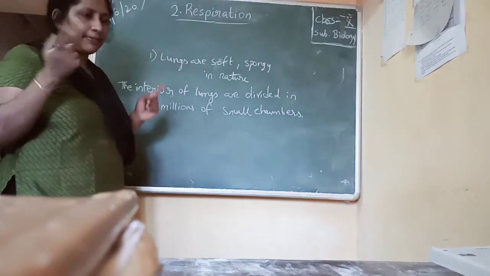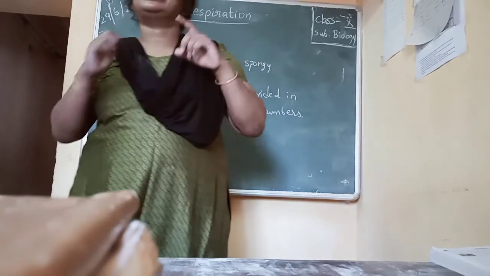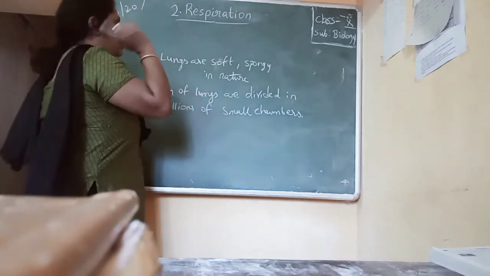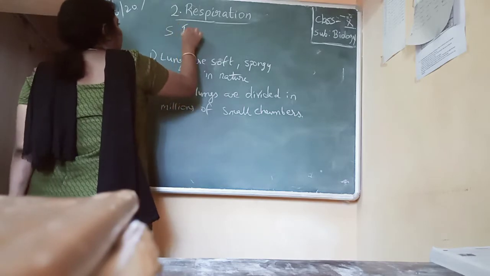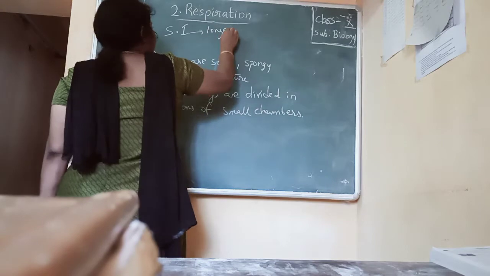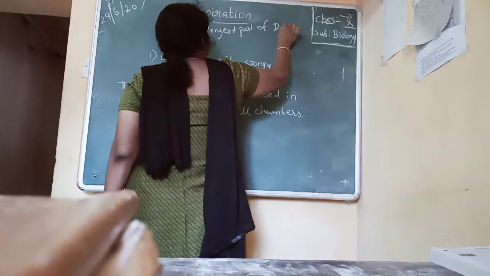See, if you observe the small intestine also, the small intestine is the longest part of the digestive system. Okay, just recall the nutrition chapter. Small intestine is the longest part of the digestive system.